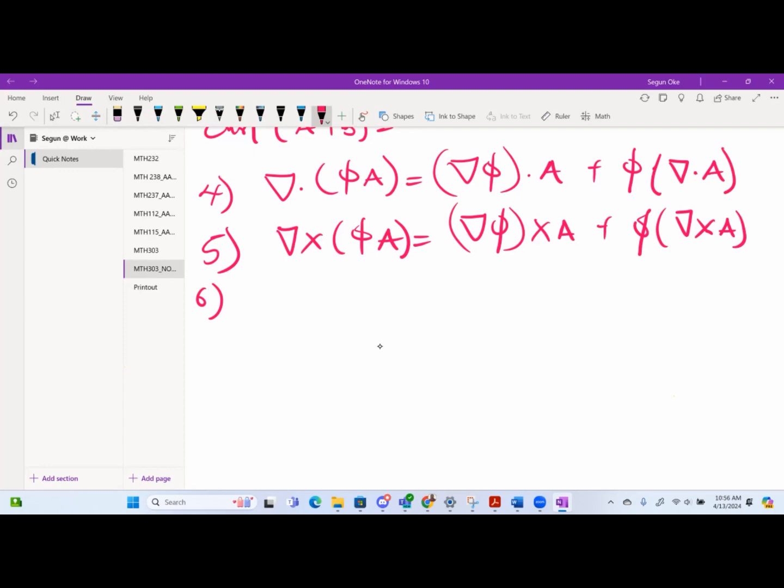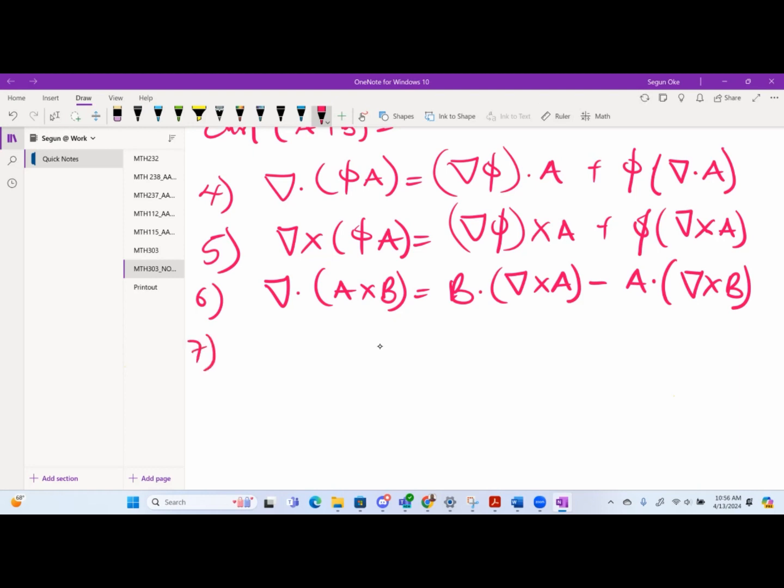Number 6, del dot A cross B, is the same thing as B dot del cross A minus A dot del cross B.